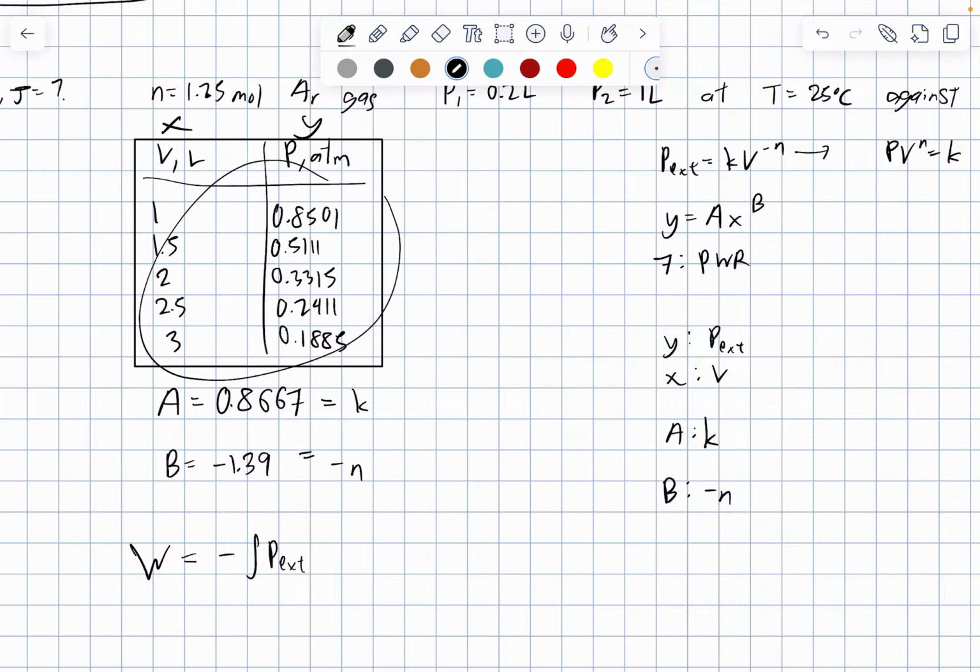Oh wait, this is case 2. Yeah, polytropic process. Case 3 is free expansion. Basically, the work there is always going to be 0 because P external is 0.